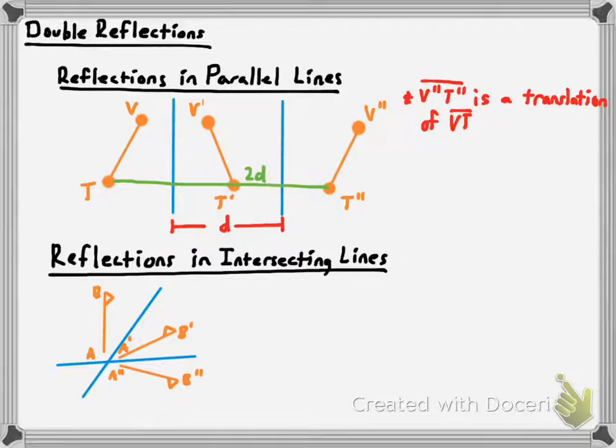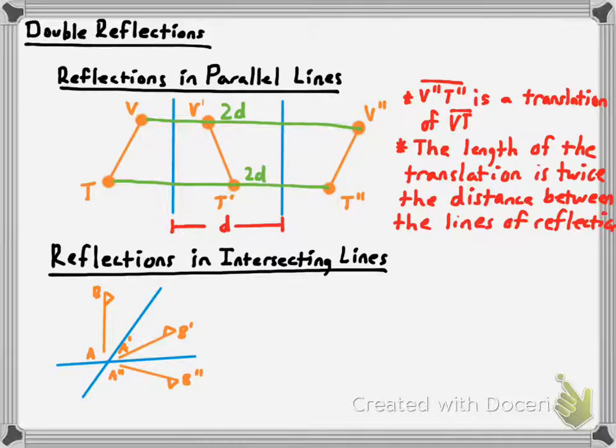And that would be the same if I were to connect V with V double prime. The distance between those points is going to be twice the distance between the parallel lines. Really cool property, which you can write out this way: the length of the translation is twice the distance between the lines of reflection. Very good.